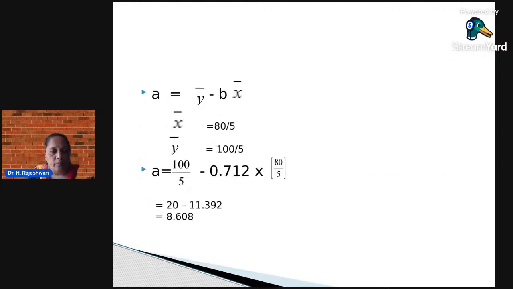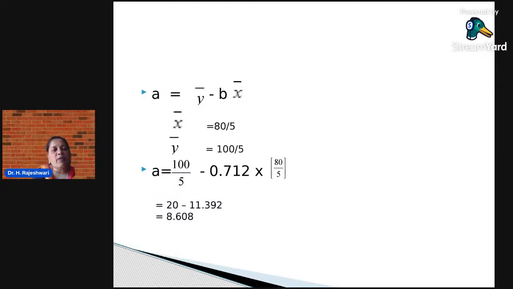Okay, so substitute that y bar and x bar in the formula: a equal to y bar minus b x bar. You know the b value, it is 0.712. So 100 by 5 minus 0.712 into 80 by 5, that is 20 minus 0.712 into 16, it will be 8.608. This is how you calculate the a value.